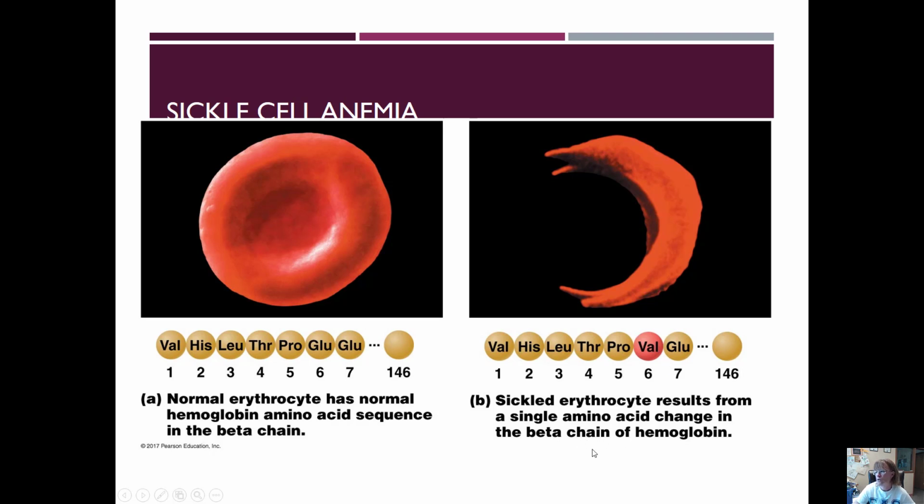Again, structure determines function, so if you don't have the right shape, it's going to affect the function, and this is what happens to the red blood cell. In being sickle shaped, two problems arise. One, you can't carry oxygen like you should, and the second is you're going to get stuck in the capillaries out in the tissues, and we can get organ damage and organ failure as a result of sickle cell anemia.